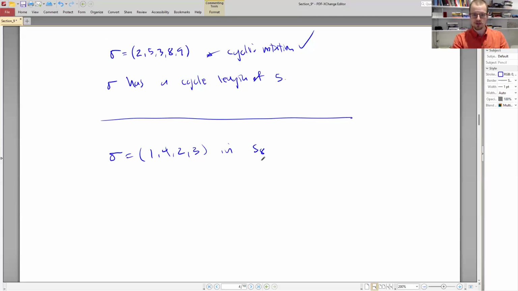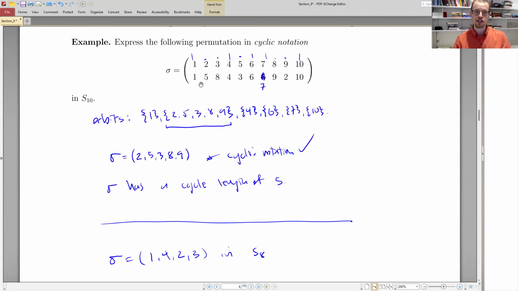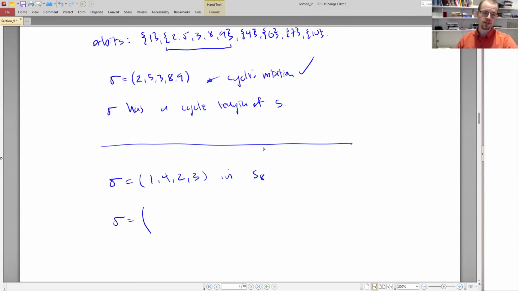It's the numbers 1 through 8, because there are many missing things here. I don't see anything above 4. So what we end up with, if I wanted to write it in our old notation, so this will be our new notation, cyclic notation. This will be our old notation for a permutation.